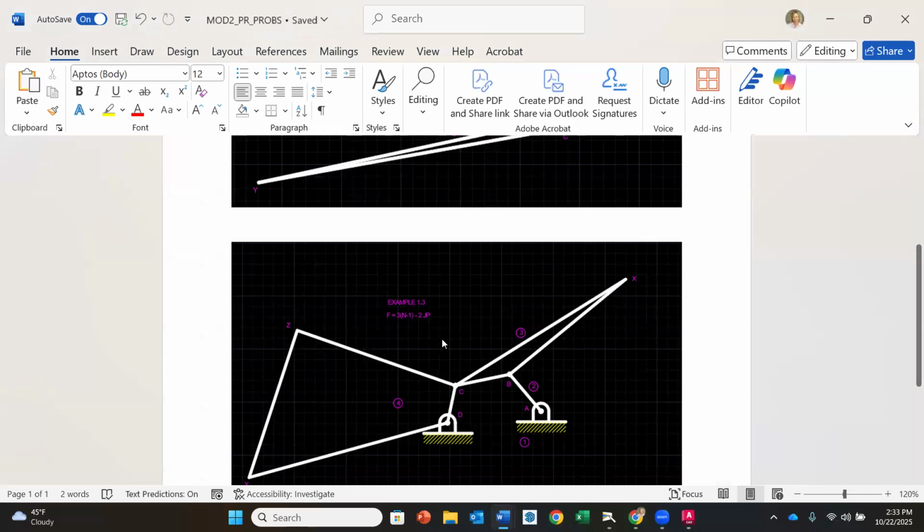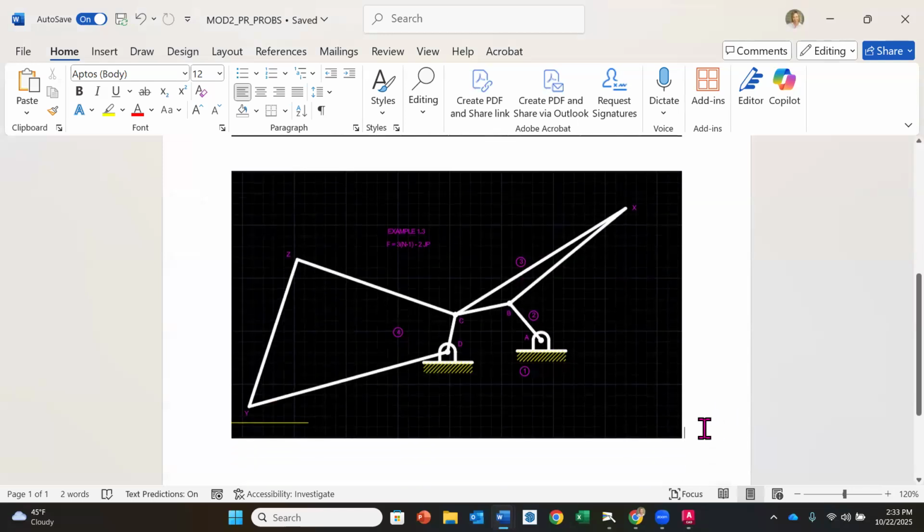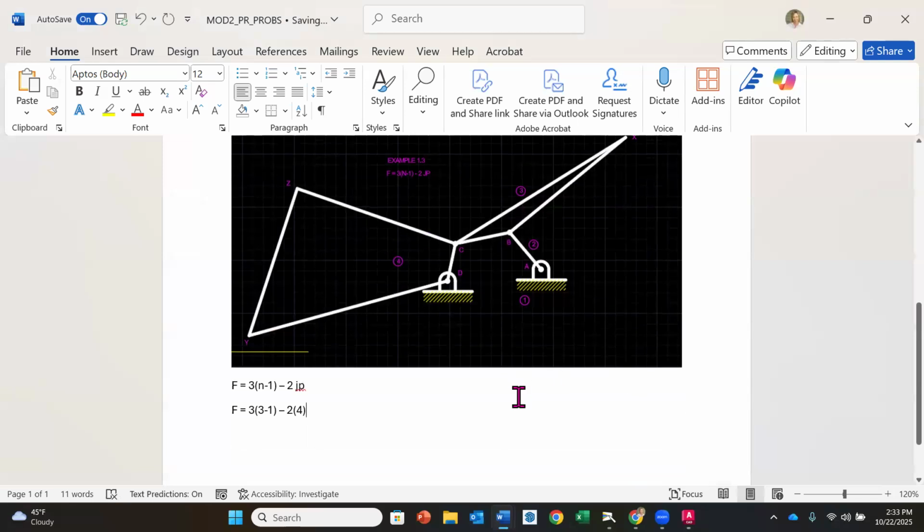Now, if you didn't add it as part of the CAD file, that's okay. You could do F is equal to 3 times n minus 1 minus 2 JP, and then put your numbers in here. F is equal to 3 times 3 minus 1 minus 2 times 4, right?